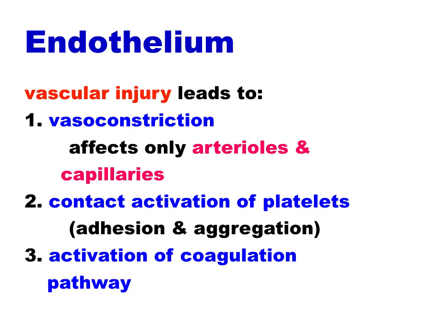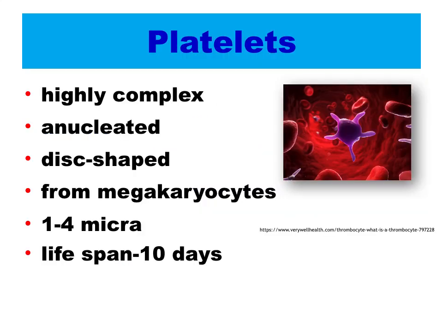They're going to release the content of their granules, and then this will stimulate or call on other platelets to go to the site of injury. There's going to be aggregation that will follow, and also the coagulation pathway is activated in the process. So let's talk about platelets.